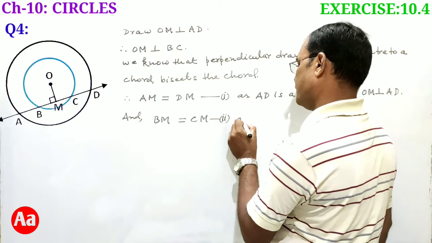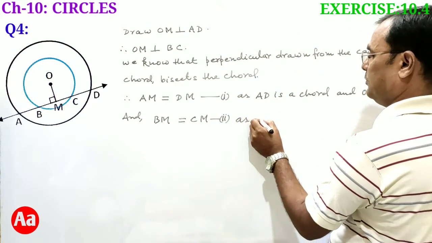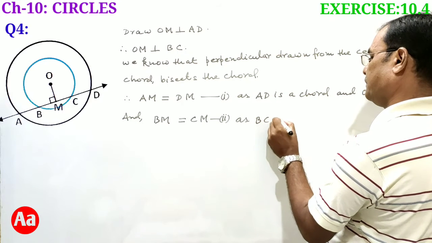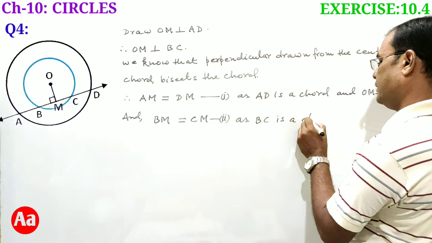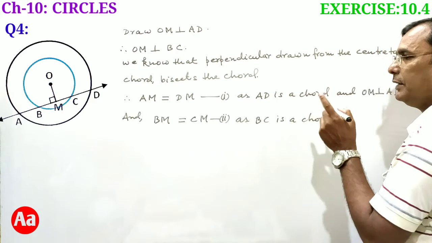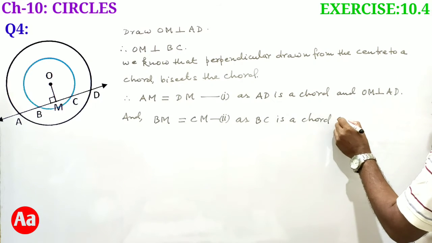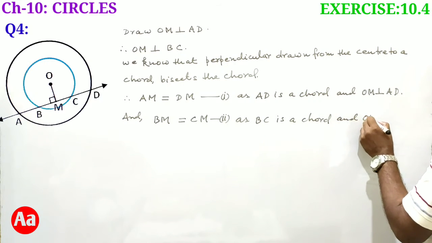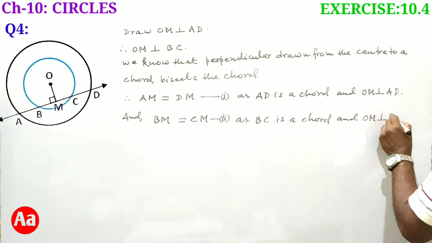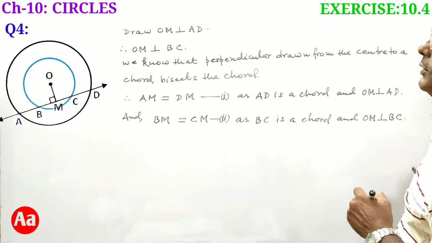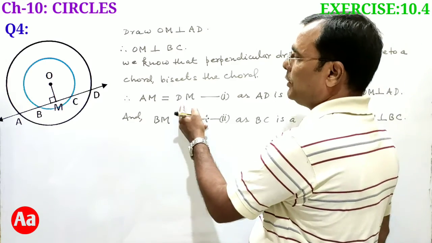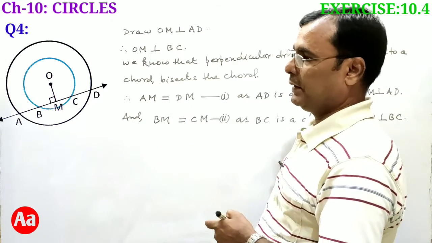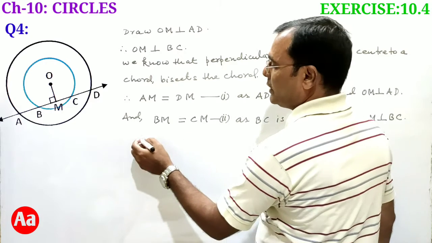Number two, as BC is a chord of inner circle and OM is perpendicular to the chord BC. AM equal to DM and BM equal to CM.